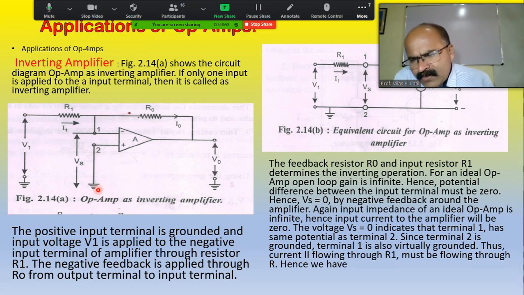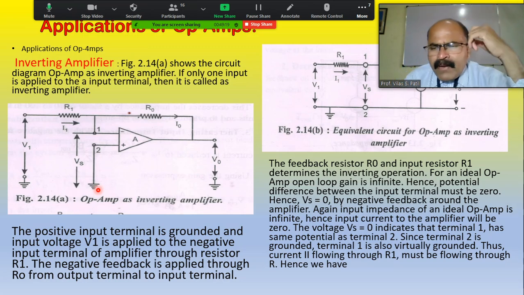But here the operational amplifier can be used to perform the logical operations like the gates, that is AND gate, then NAND gate, NOR gate, OR gate, exclusive OR gate and exclusive NOR gate, and basically NOT gate. And all these applications are known as logical operations.